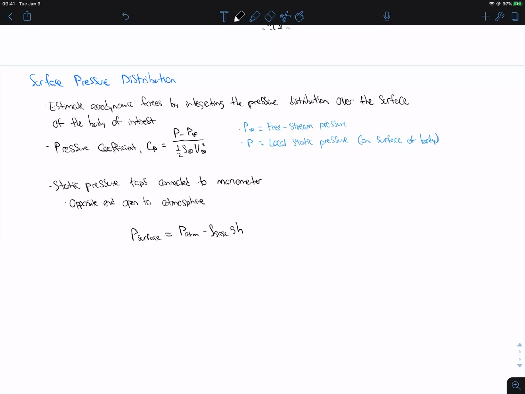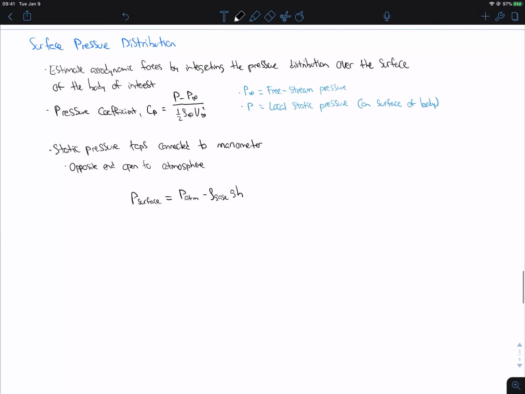Again, we have the density of some gauge fluid, and I think that should be oil as well, though we'll be sure once we get to the lab. And then h is the vertical displacement of the gauge fluid inside the manometer, as we know from past experience.